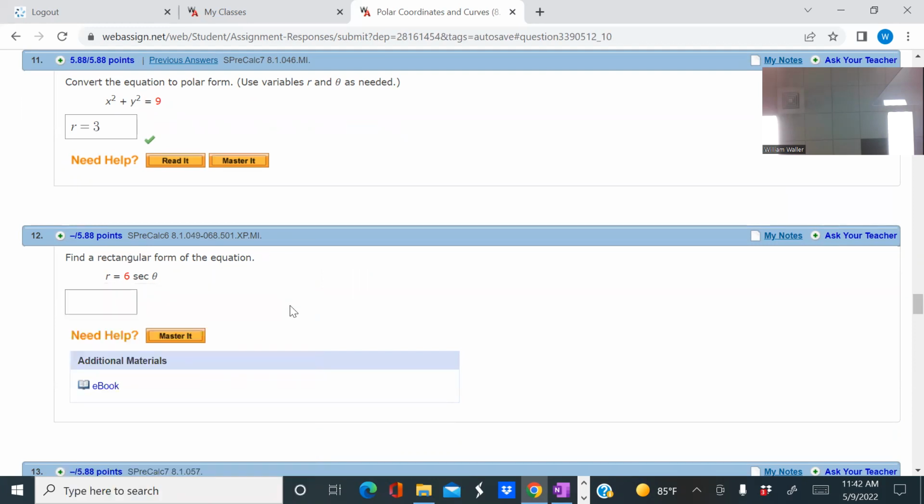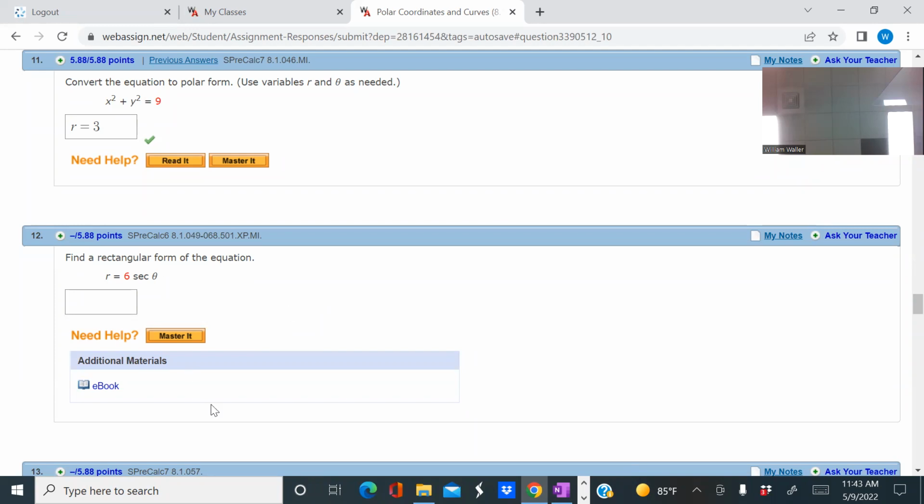Now let's look at number 12. Number 12 is backwards from number 11, because here we have the equation in polar form and we want to convert it to x's and y's. So you have r equal to some formula involving theta. That's the way we're given it. We want to convert it back to something with x's and y's in it.